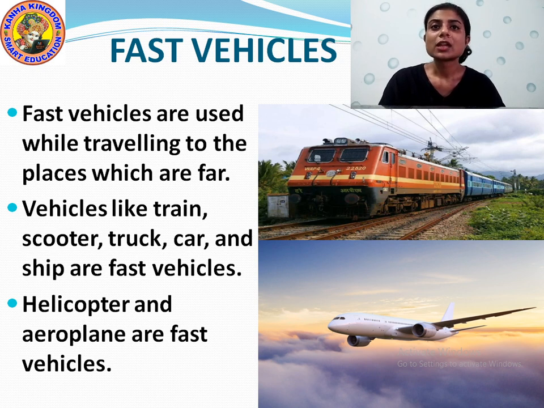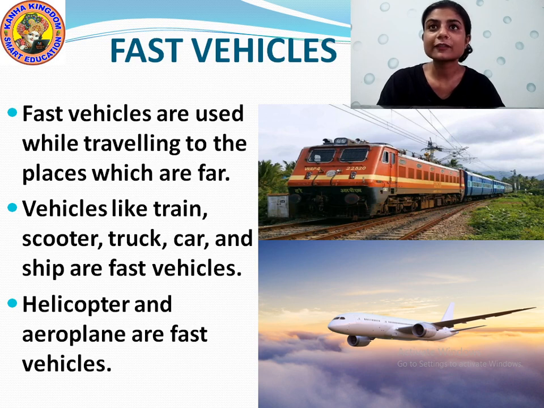If we use scooter, car or some small vehicles, it will take time, but using train, aeroplanes, helicopter to move from one place to another, we can reach very early and very soon because these vehicles are very fast. They travel very fast from one place to another.